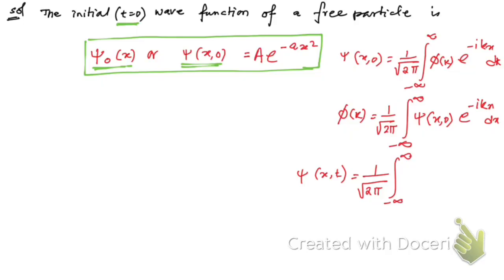Phi of k e to the power i within bracket kx minus h cut k square t by twice m, dk. So we must know this formula. Okay, then you can solve this problem.